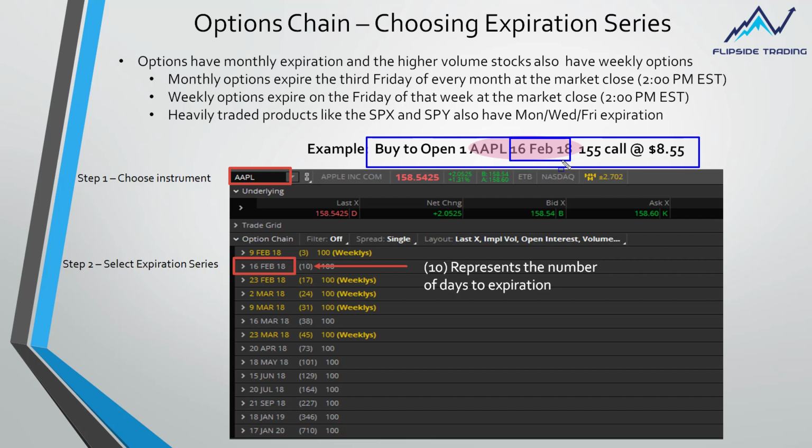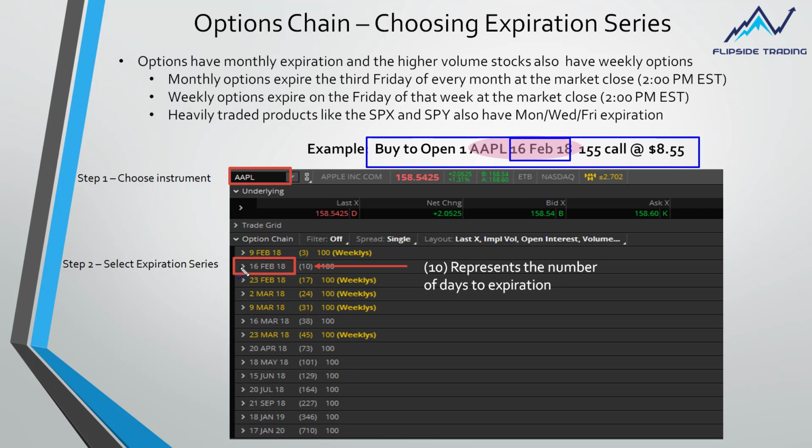So the first thing we're going to do, you're going to come into your search box and type in the symbol of the underlying, in this case Apple, AAPL. You hit enter. It's going to open up and show you all these different options expirations choices. It's going to tell you that we're going to open 16 February of 2018. There we go. We're going to select that series.